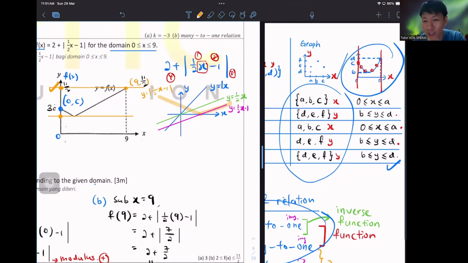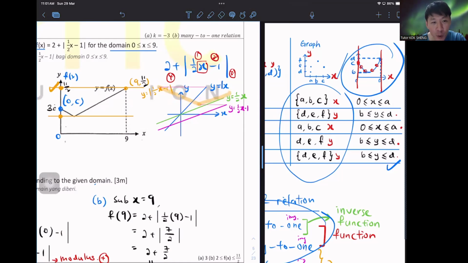Okay, so you can see the graph is almost there. Last one, plus 2 in front. With plus 2 in front, this whole graph will move up by 2 units.